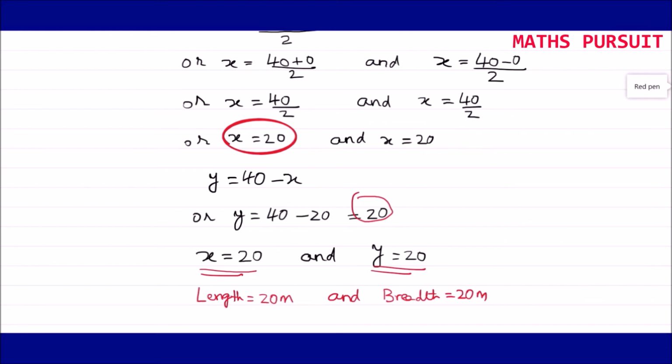That means the length and breadth both are 20 meter. So this is what the question asked us to find. We got the length and breadth of this park as 20 meter length and 20 meter breadth.